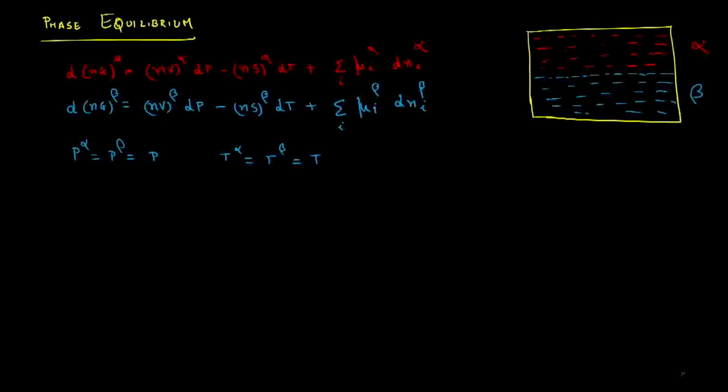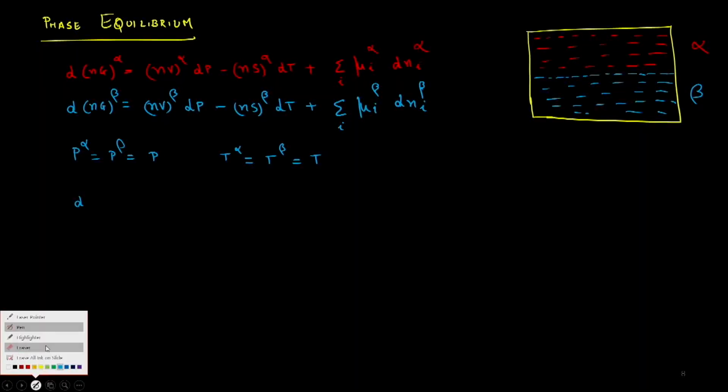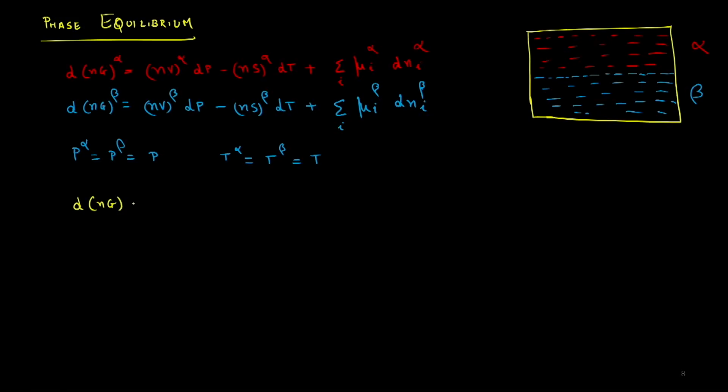Now, for the total closed vessel, for both the phases put together, the Gibbs free energy d(Ng) is going to be the summation of the Gibbs free energies of the alpha phase and the beta phase, right?